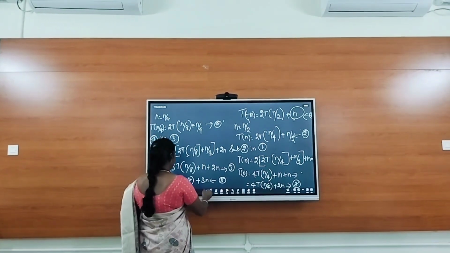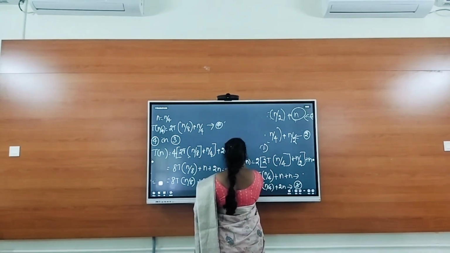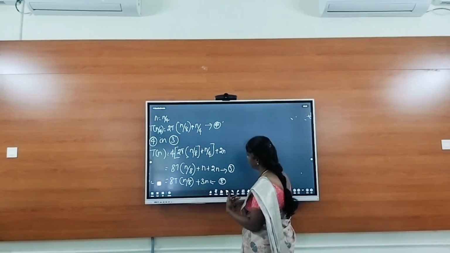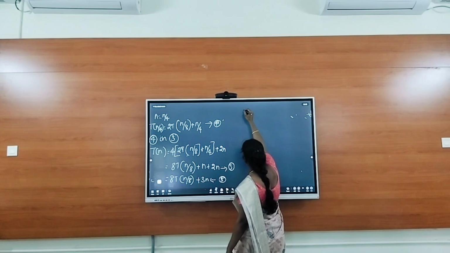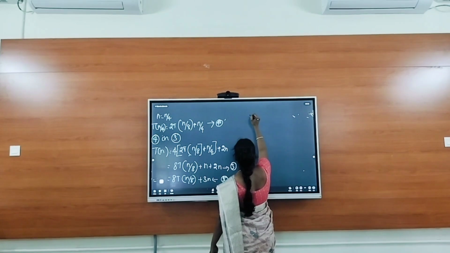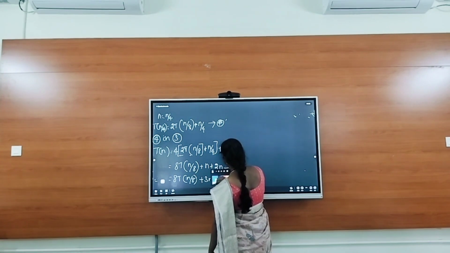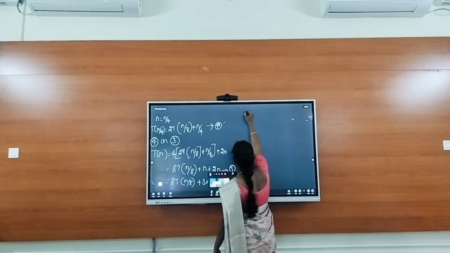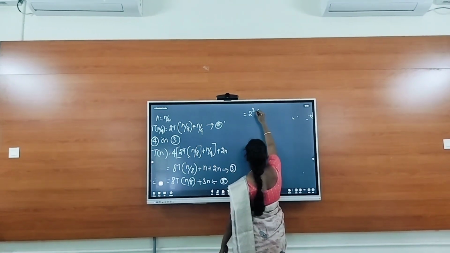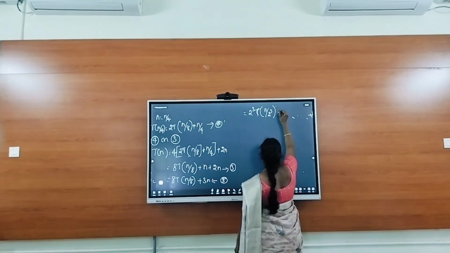After some time, we apply this for n by 8 and n by something. So we can write it as 2 power 3 T of n divided by 2 power 3 plus 3n.